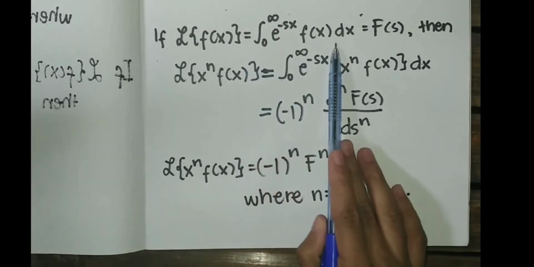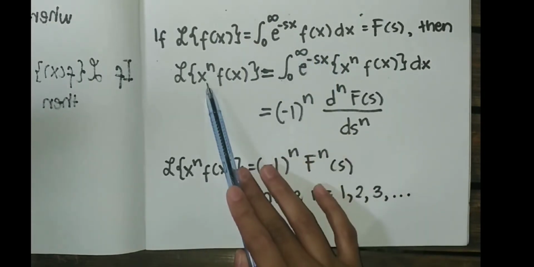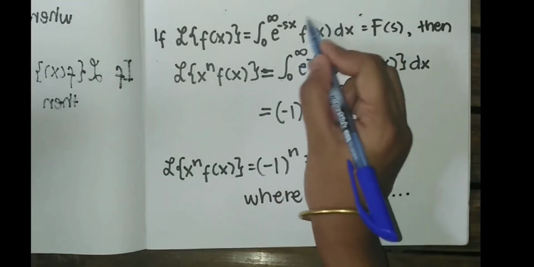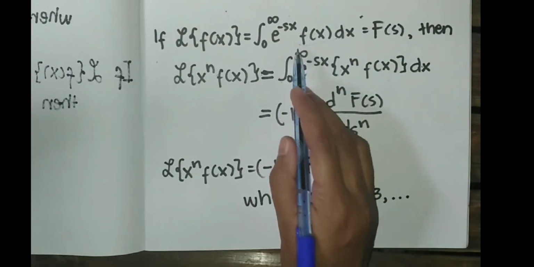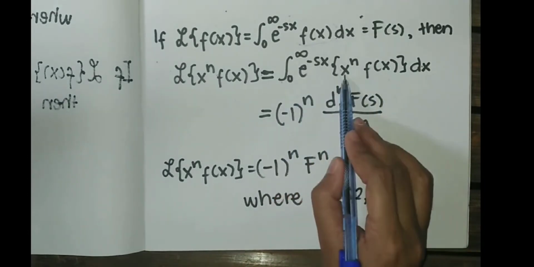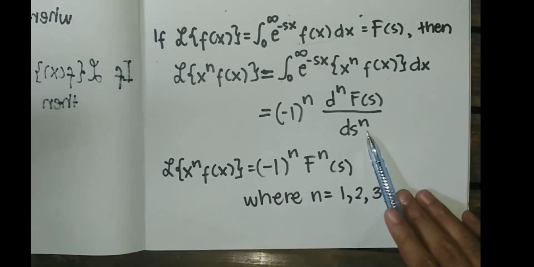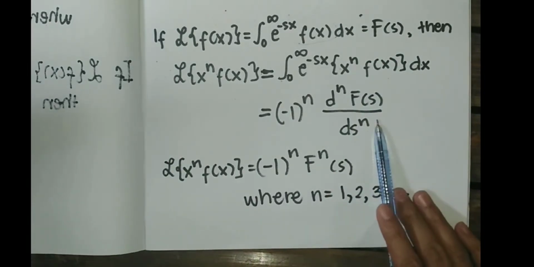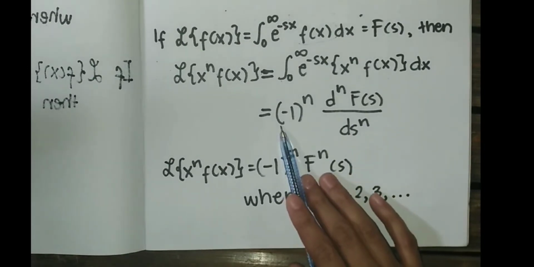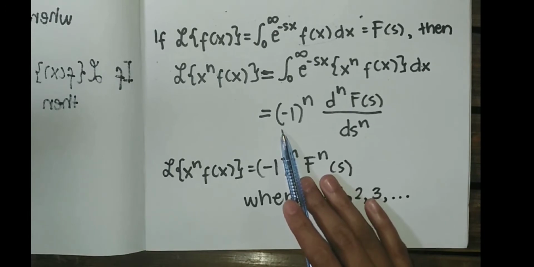From this, we substitute x raised to n f of x for f of x, so that's why we have this negative sx and dx. We find the Laplace transform of f of x, then we have F of s multiplied by negative 1 raised to the given n.